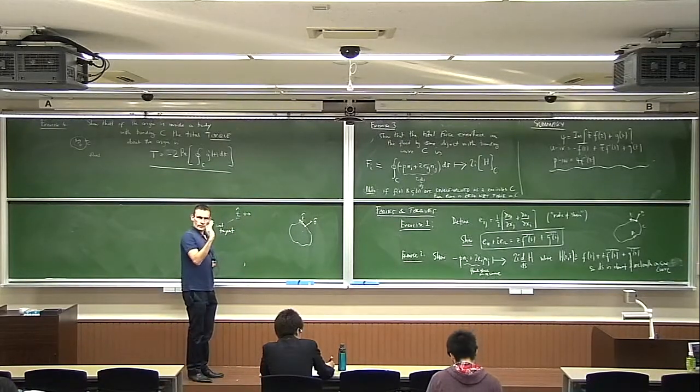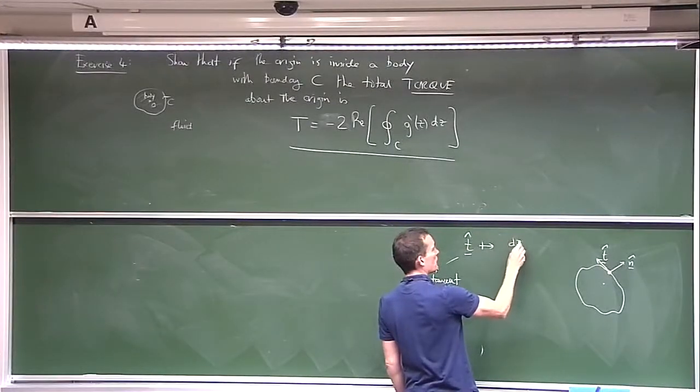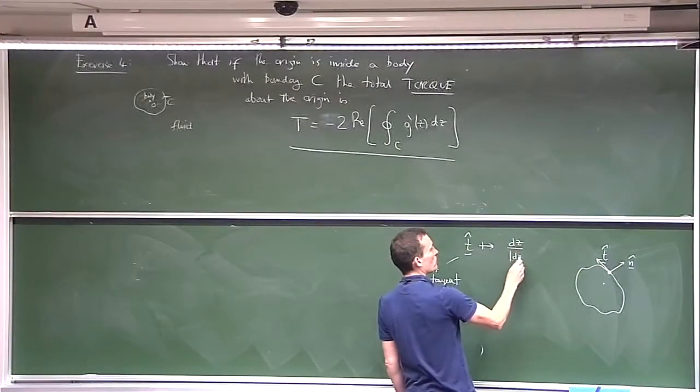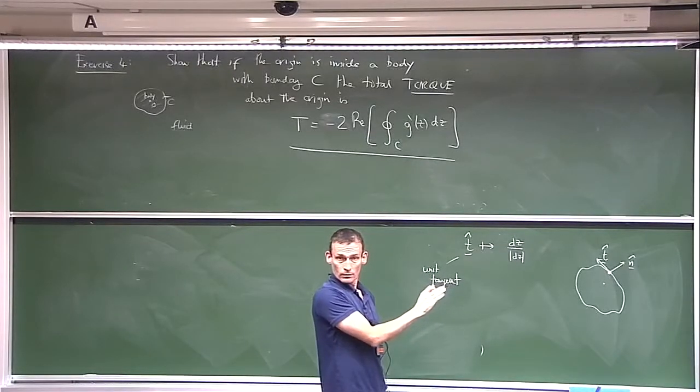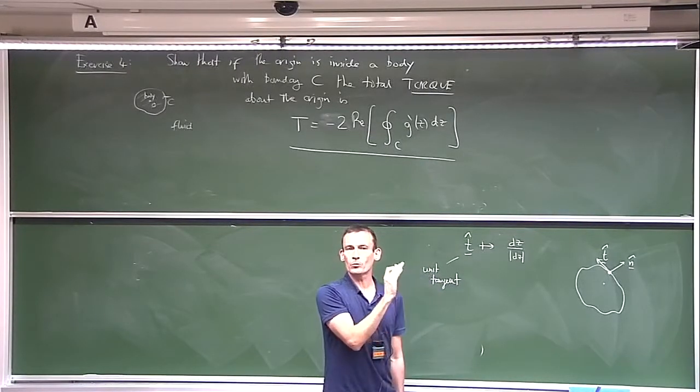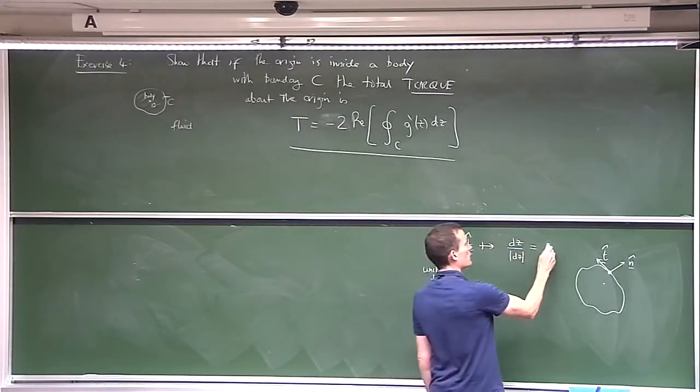The tangent on a curve is like dx, dy, the components of the local tangent to the curve. So this is going to be dz over mod dz, because it's the unit tangent. And we're calling the modulus of dz ds. That's the little arc length element. So this is dz by ds.